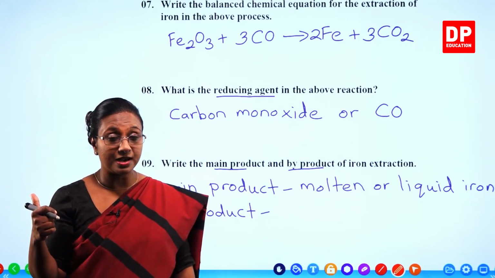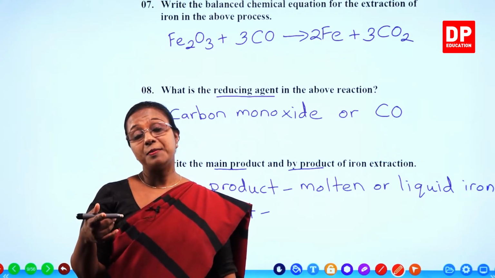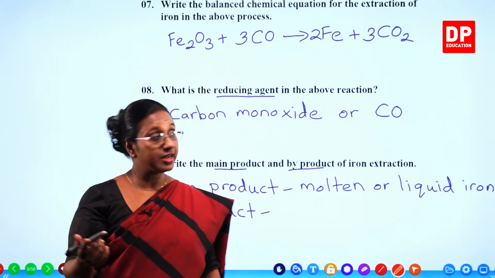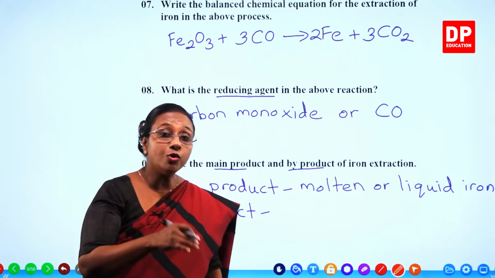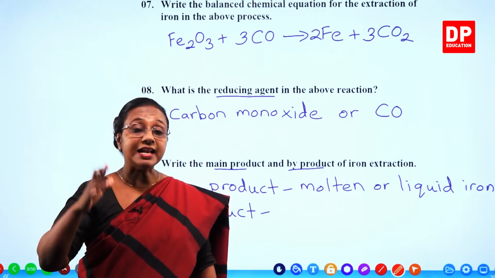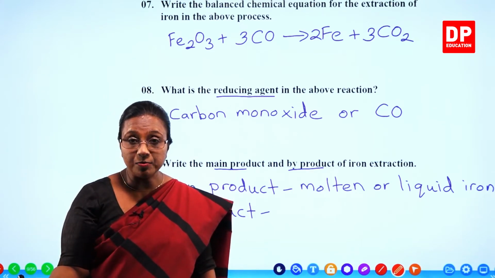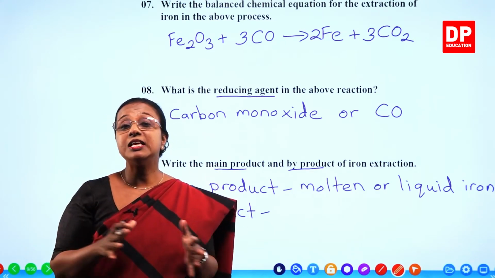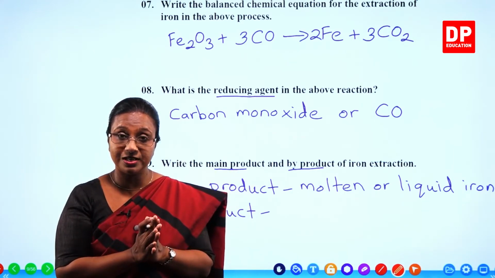That is a byproduct. And also during the reaction, when calcium carbonate decomposes, carbon dioxide is produced. When coke reacts with oxygen also, carbon dioxide is produced. But that carbon dioxide again reacts with carbon and forms carbon monoxide. So from all these 3 reactions, there is carbon dioxide produced inside the blast furnace.